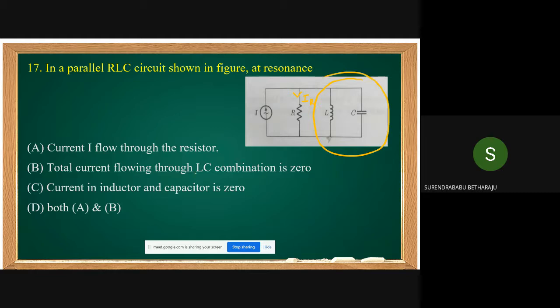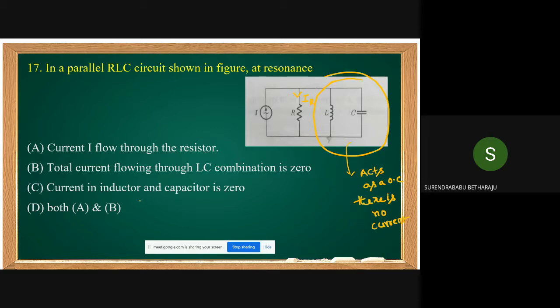At resonance, the parallel combination of L and C acts as an open circuit. There is no current through the L and C elements. Because the total current passes through the resistor, the current through L and C is zero, which means it acts as an open circuit.